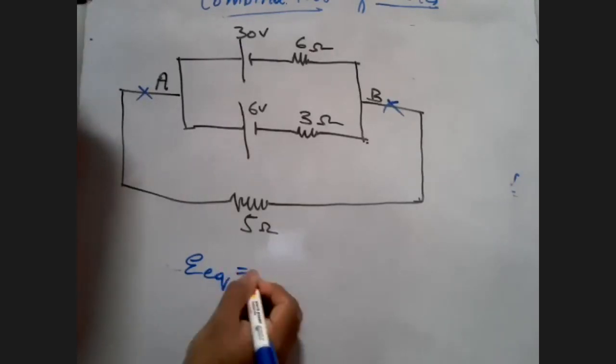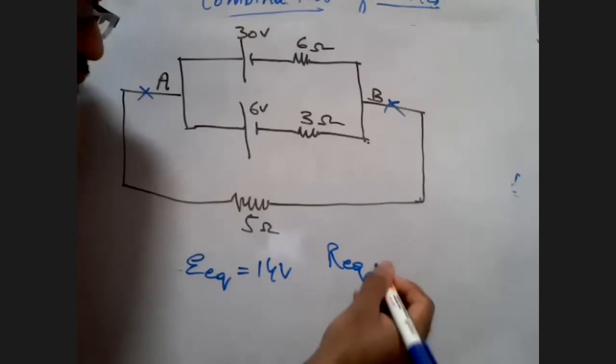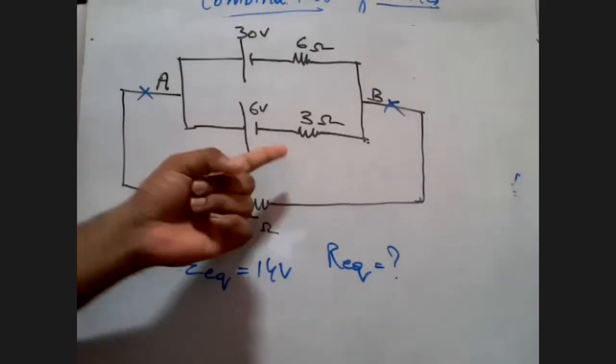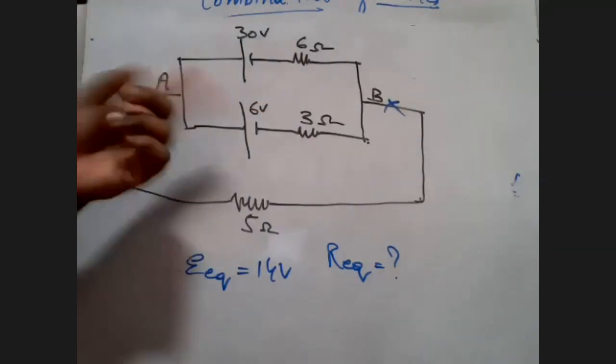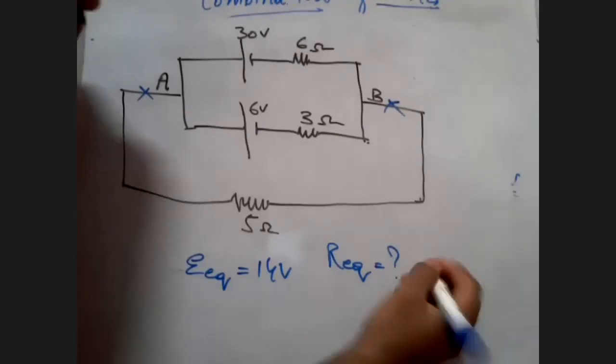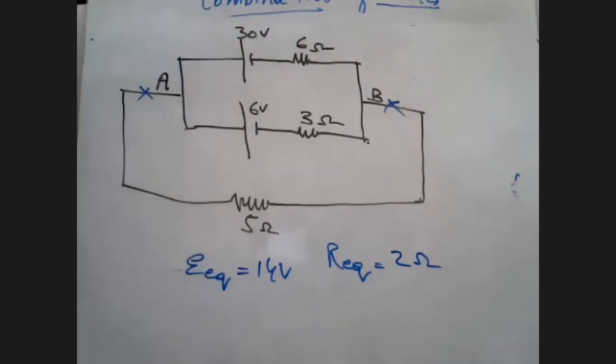If epsilon equivalent is 14 volts, what is R equivalent? You don't need to apply the 1 upon R formula. R1 R2 upon R1 plus R2, 6 into 3 upon 9. It's going to be 2 ohms.